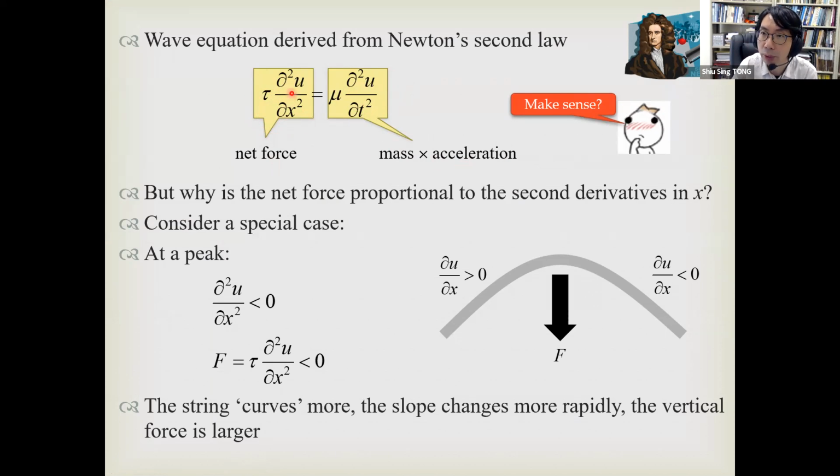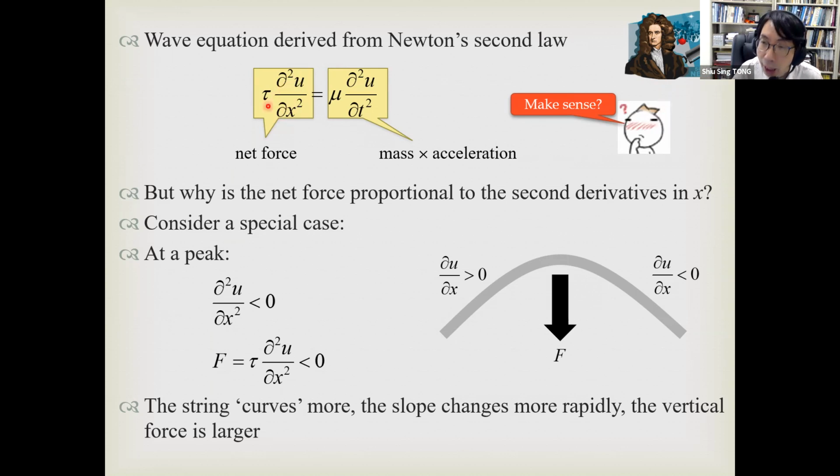It's proportional to the second derivative of u with respect to x, which is not the usual form of the net force, right? The tau is a tension force, but there's a strange factor here. The strange factor is the second derivative of u with respect to space, but not with respect to time. So this factor is quite strange.